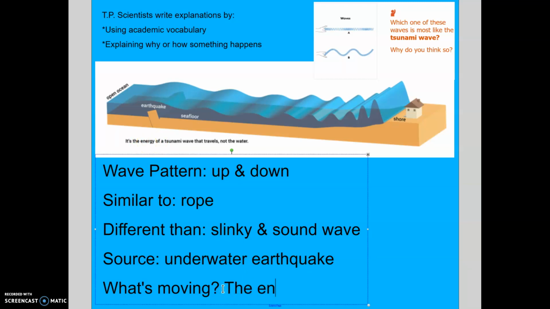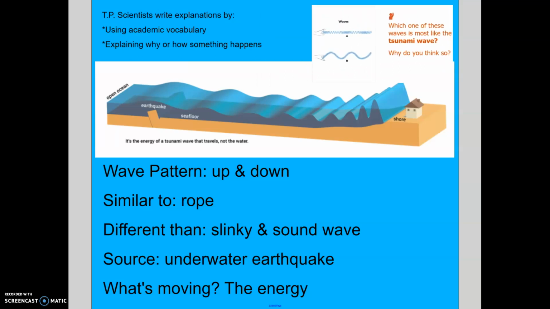So what's moving? The energy. Now, we see that the wave pattern is up and down, so we can say that the tsunami wave is most similar to a rope wave because they both move up and down.